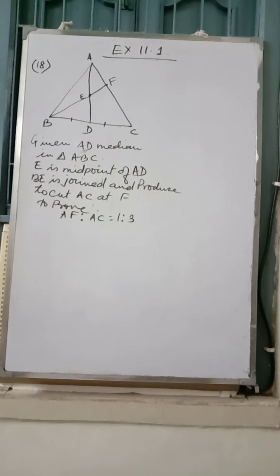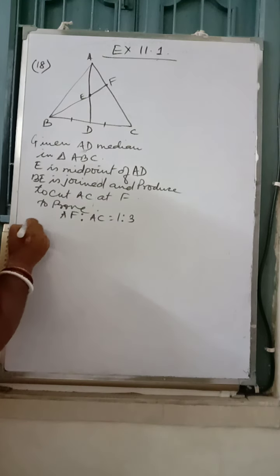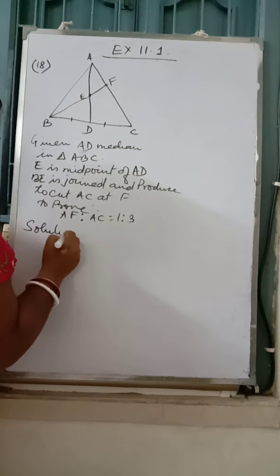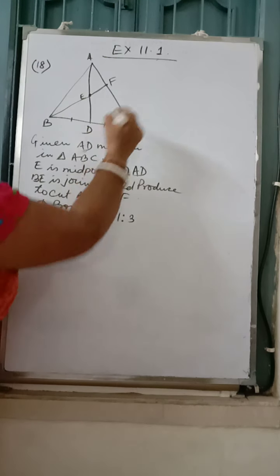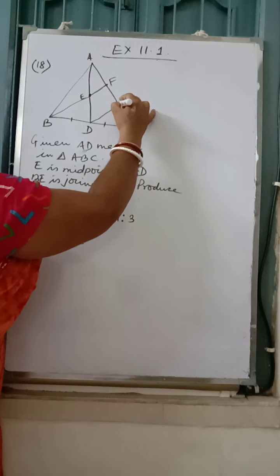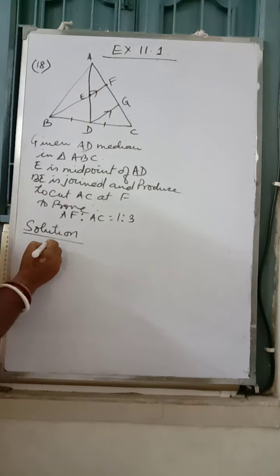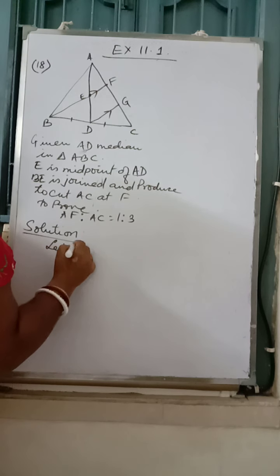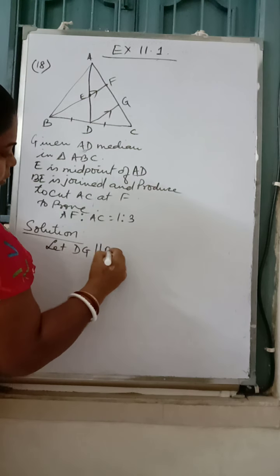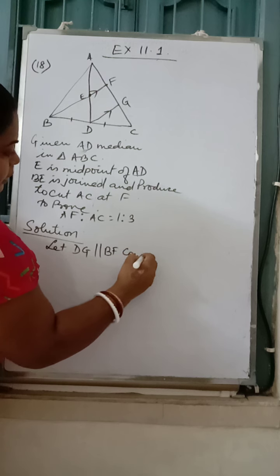Now the solution says, let DG, a line parallel to BF, be constructed.